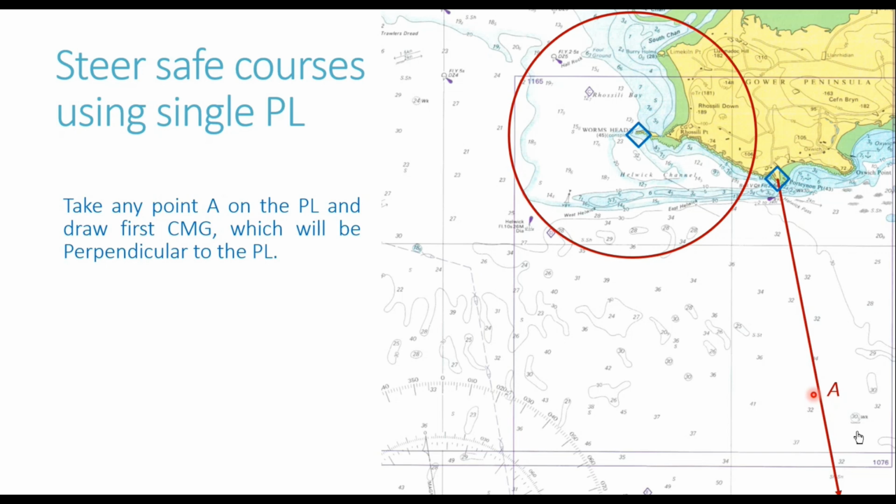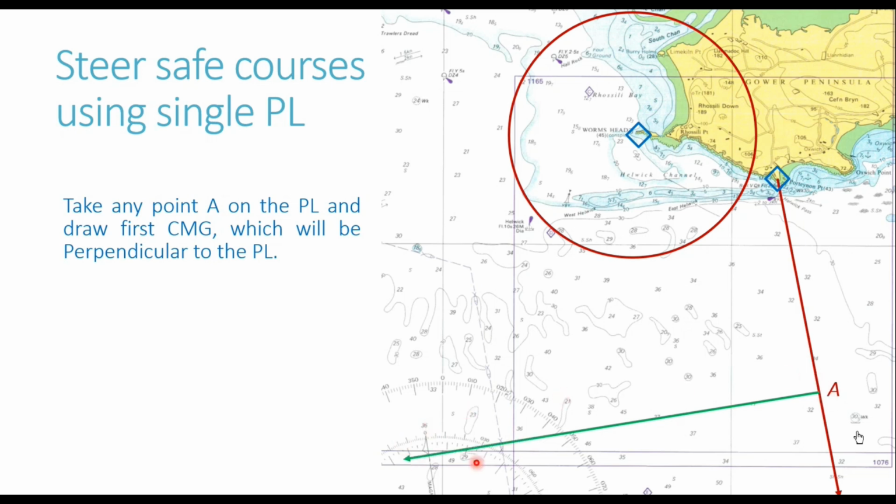The first course made good has to be perpendicular to the given position line. So we draw the course made good in such a way that it is perpendicular to the position line which is given to us. So let's plot it on the chart.